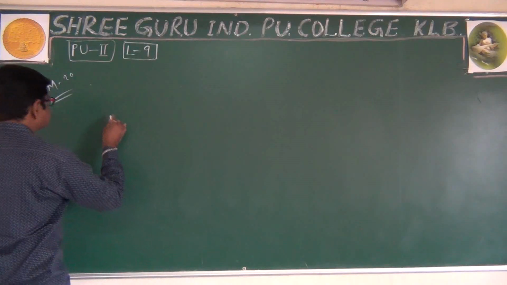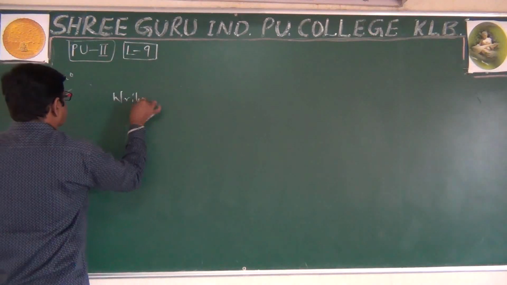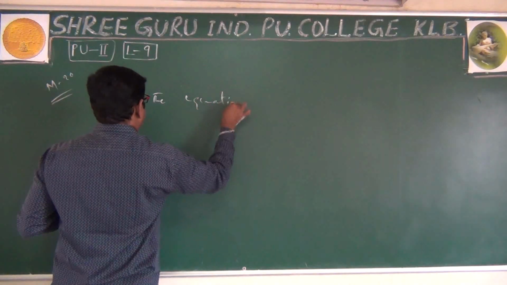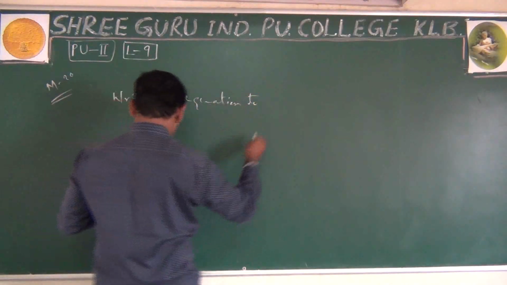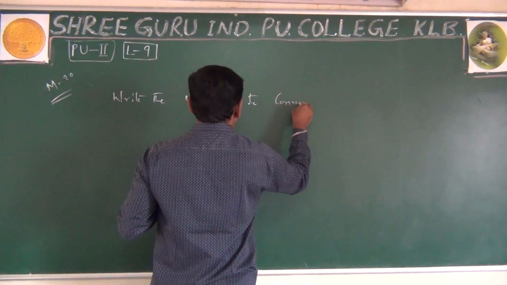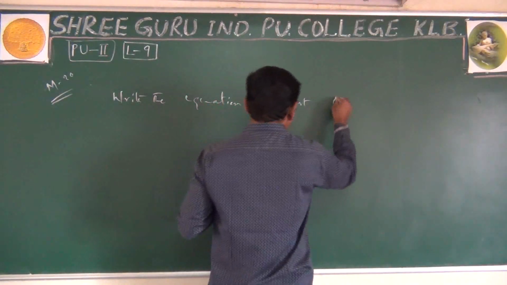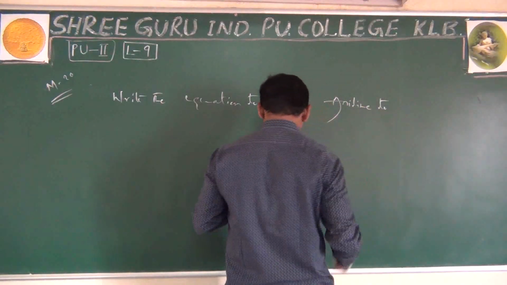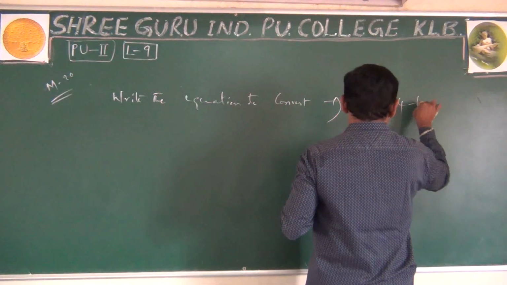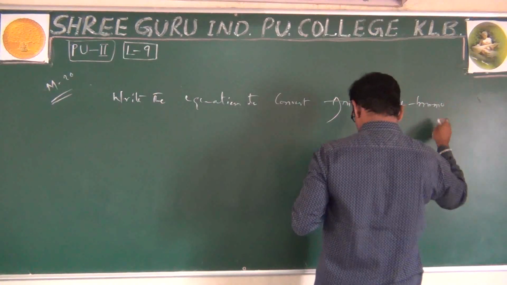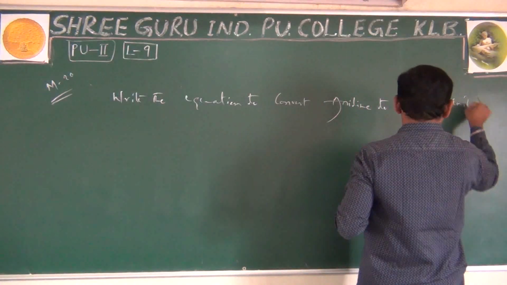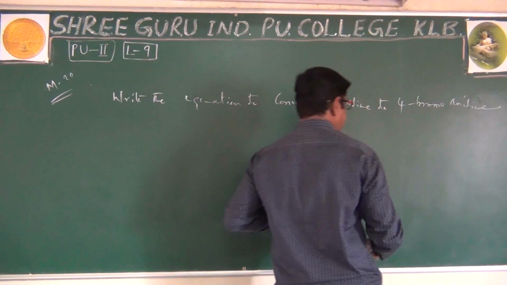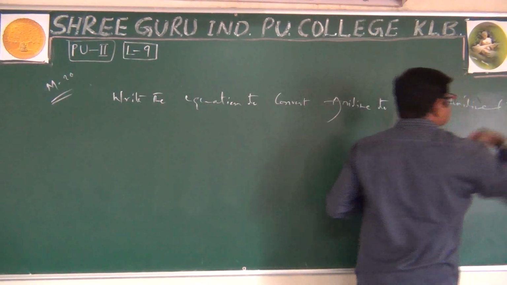Write the equation to convert aniline into 4-bromoaniline. 4-bromoaniline, or para-bromoaniline, is of course a 3 marks question.